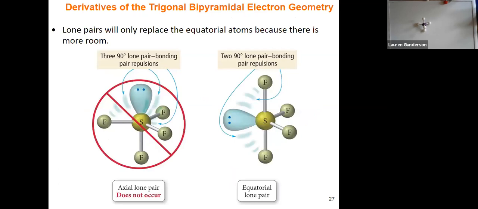Now, your derivatives of the trigonal bipyramidal geometry are never going to have lone pairs on the axial position. You can only place lone pair electrons along the equatorial position, because the equatorial positions are 120 degrees away from one another. If we put a lone pair in the axial position, it would only be 90 degrees from all of these other terminal atoms, and that is far too close for a lone pair.